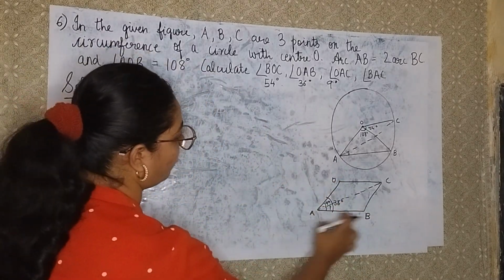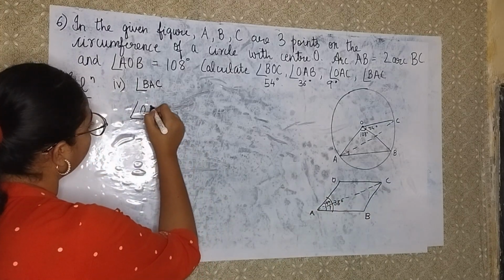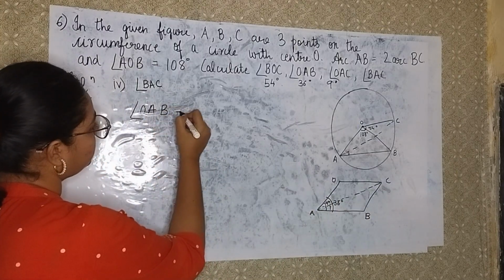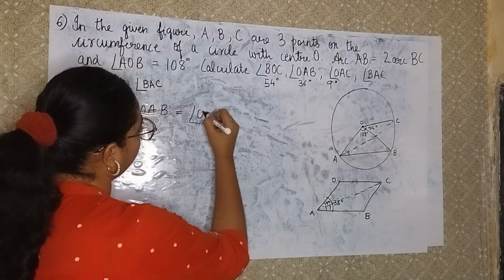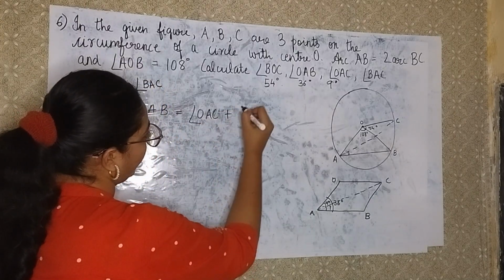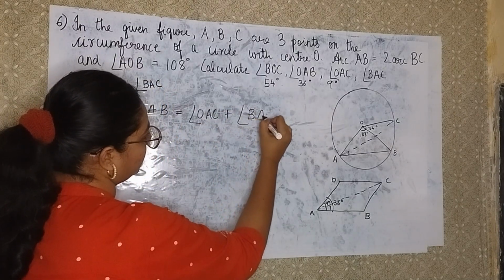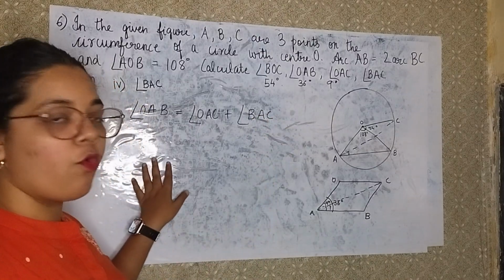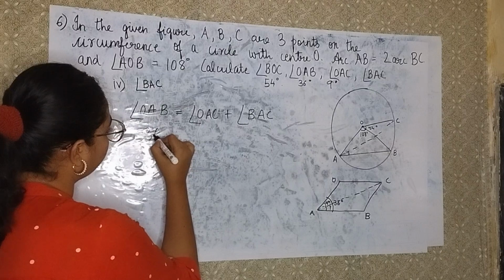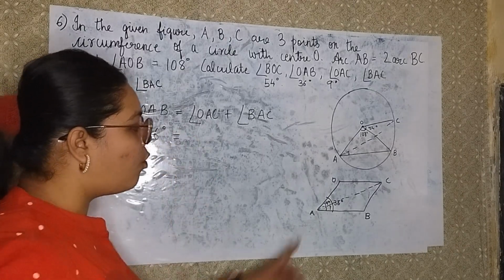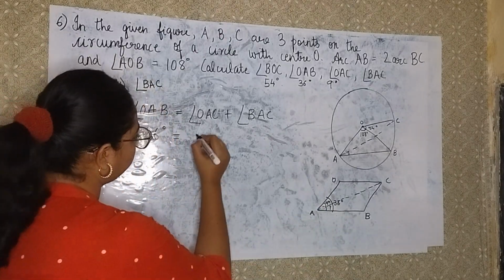Now angle OAB is made up of two small angles, angle OAC and angle BAC. I have angle OAB as 36 degrees and OAC is 9 degrees.